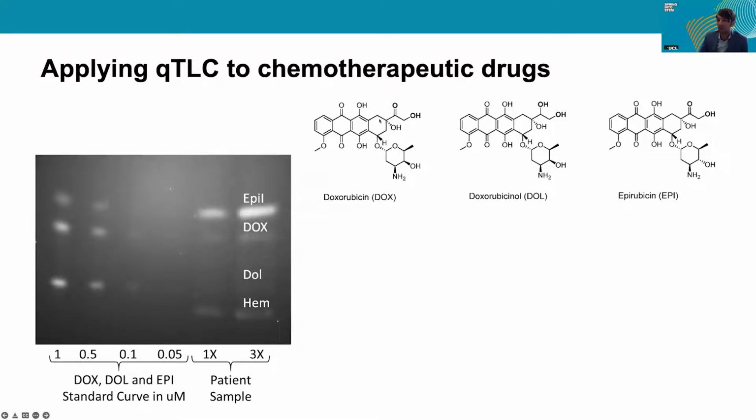This is because doxorubicin has here this ketone, and here we have this alcohol group. Otherwise, again, these molecules are very similar. And that's so unique and fascinating, that with thin layer chromatography, if you use the right mobile phase, so the right solvent to travel across your plate, you can really nicely separate different compounds.